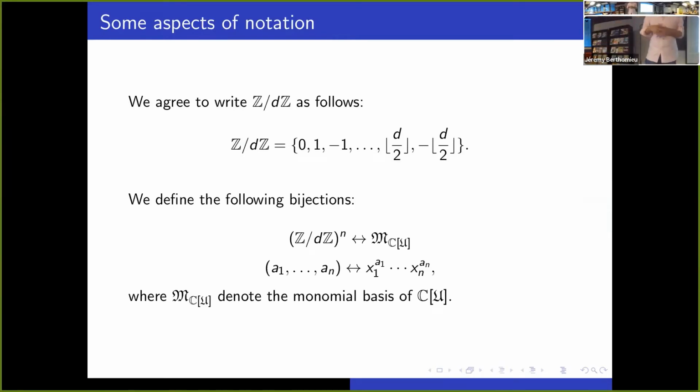And we define the following bijection between Z over dZ to the n and the monomials of the coordinate ring of U. For each vector, I will send it to the monomial whose exponent is this vector, where the monomials of C of U denote the monomial basis in C of U.